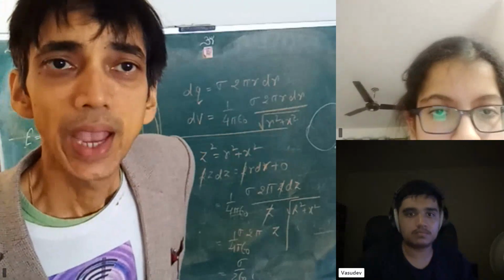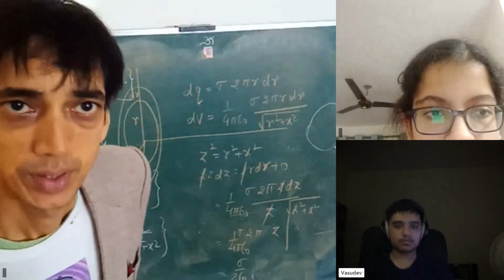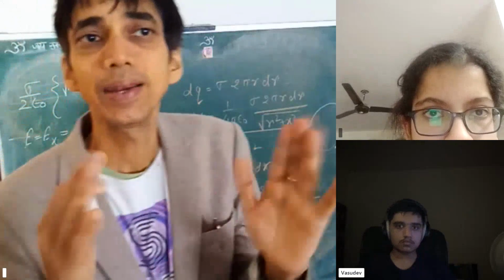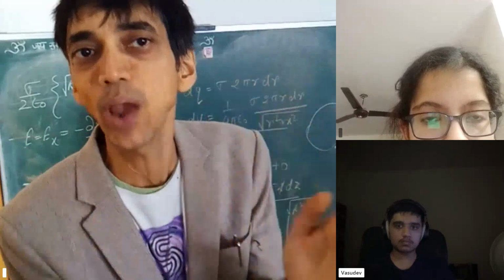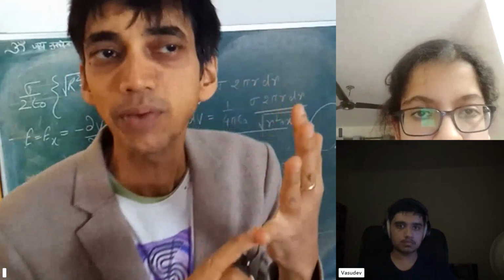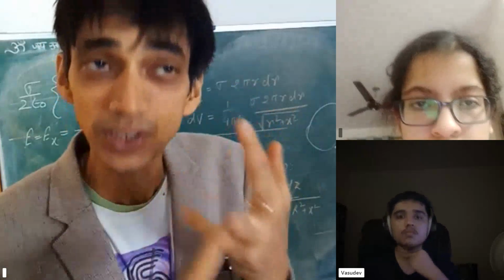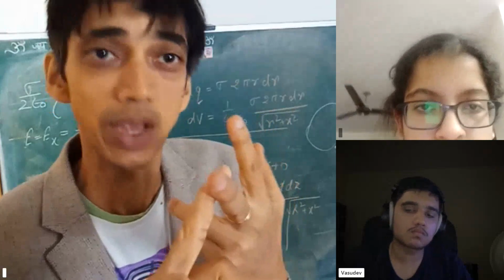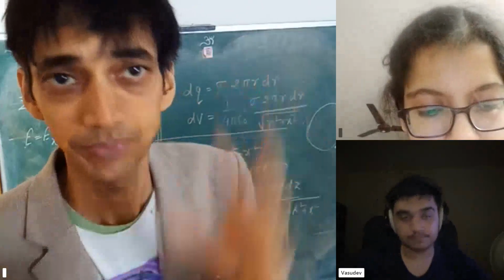From there we'll get to know the genesis of pressure, because after that we will discuss the work done in expanding it and where this work is stored. What is half epsilon naught E square? It is the energy density equation, the stress equation, and the pressure equation. They will all be the same, and that will eventuate to sigma square by twice epsilon naught as pressure.